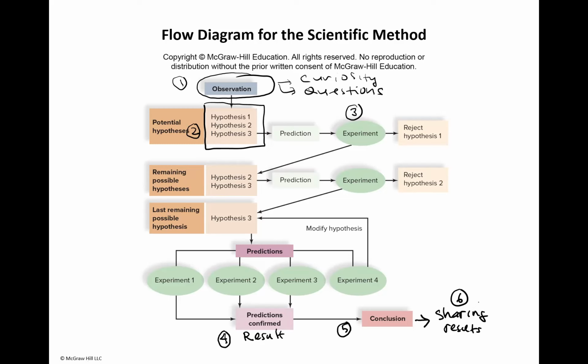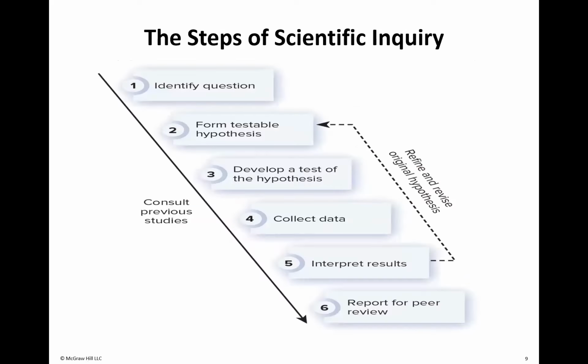So if we look at the second chart over here, this is a simpler chart, which shows the steps of scientific inquiry or methodology. We start with identifying the question, which is also known as observation. And then we create the hypothesis.